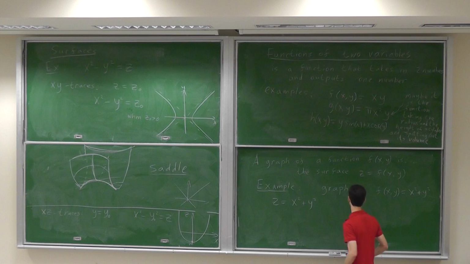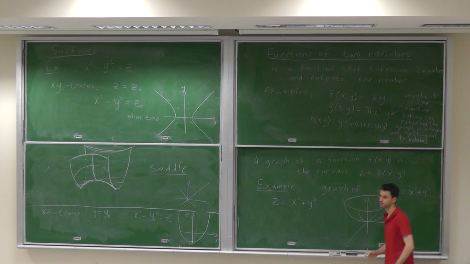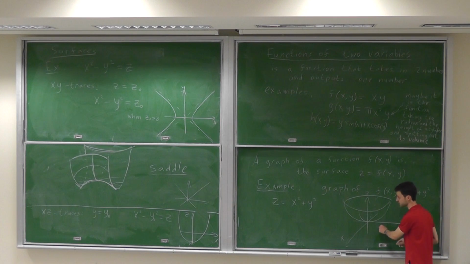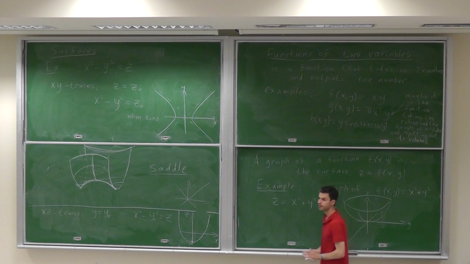We already know what it is. It's a paraboloid. So here's the graph of this function. If you are given a point xy, you'll find out what this function is by just taking a vertical line and seeing what is the height of this paraboloid above the xy plane.